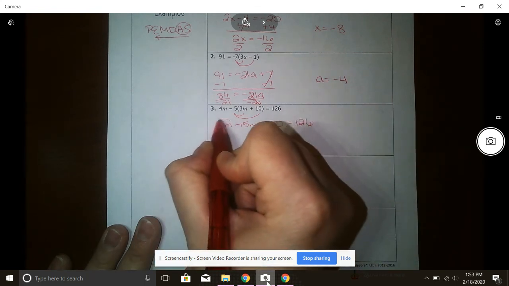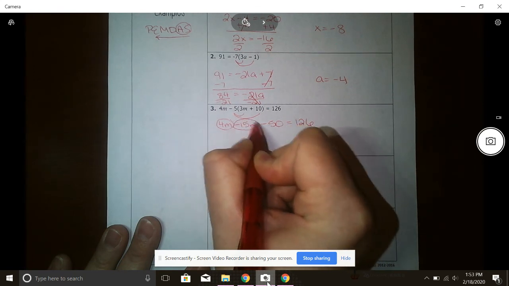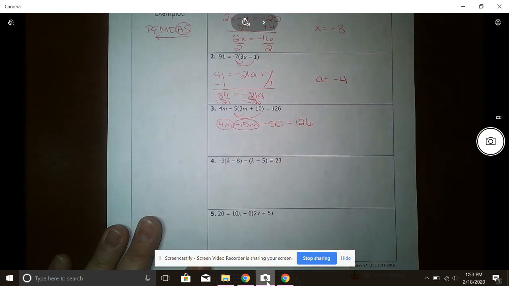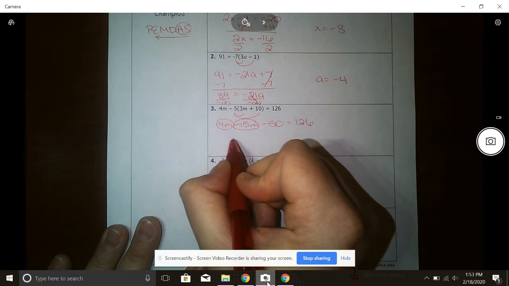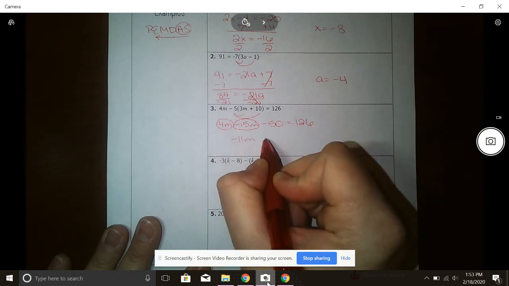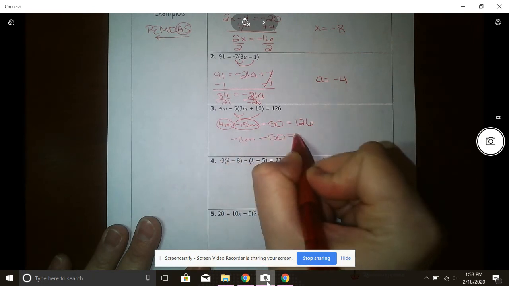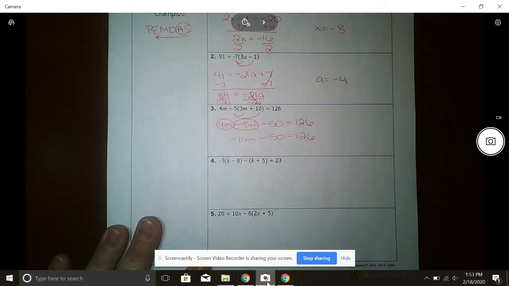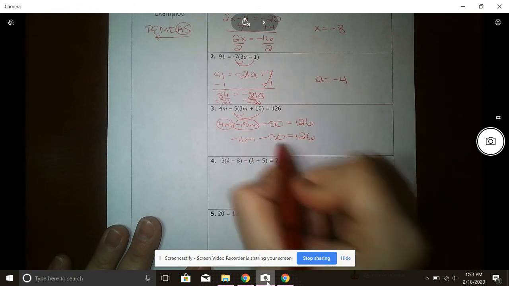Now I've got 2 like terms to combine. A positive 4m and a negative 15m combine to make negative 11m. Now I'm back to our regular solving techniques. I need to get rid of a negative 11 that's multiplying m and a minus 50.